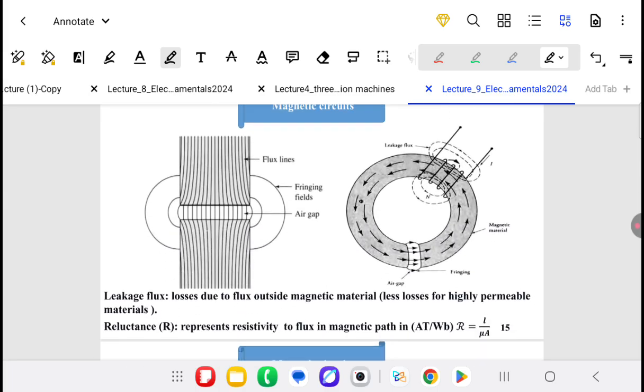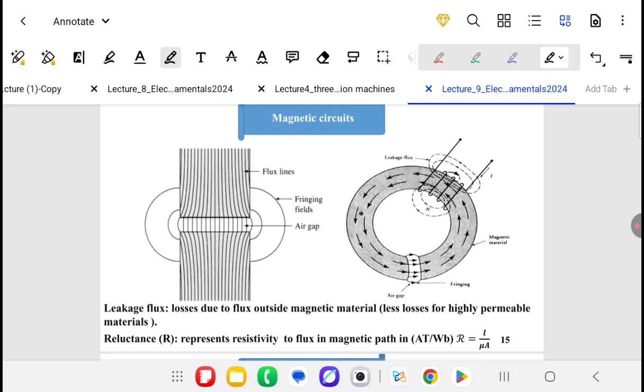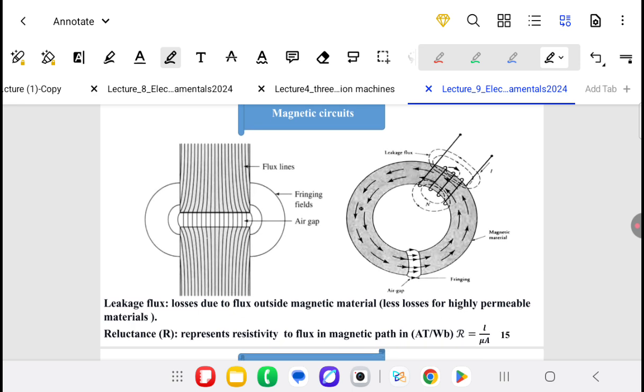There are two types of losses in magnetic circuits. We have fringing of flux lines, as the flux lines pass from one material to another, from the material in the upper part to the air gap. Then the flux lines bend or fringe until they return back to the same material.